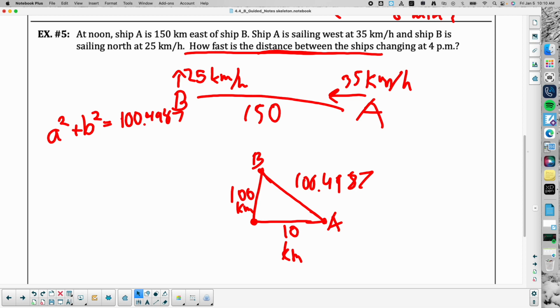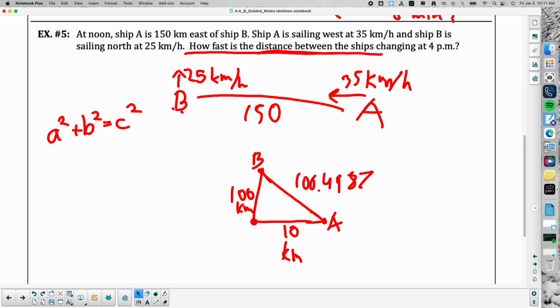Oh no, we want the speed. When you wrote a squared plus b squared equals, you have to write them as variables if they are changing, and the distance between the ships is changing. So we actually need the c.